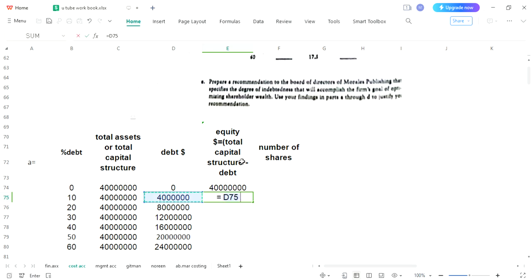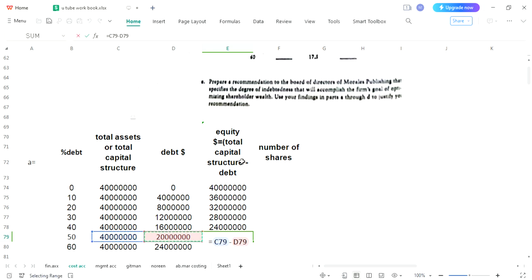In the same manner, in the second, 40 million total capital, while 4 million was debt, the remaining 36 million would be considered as your capital. 40 million total, 8 million debt, then 32 million would be your equity. 40 million total, 12 million debt, 28 million would be your equity. 40 million and 16 million, 24 million equity. 40 million total, 20 million debt, the remaining amount would be your equity. 40 million total, 24 million debt, we have got 16 million as our equity. So in this way, you have calculated your equity.